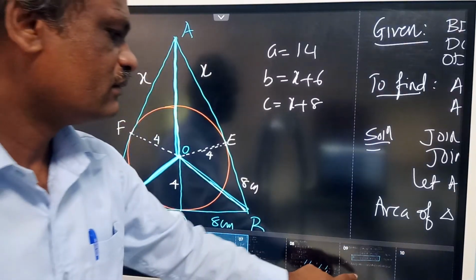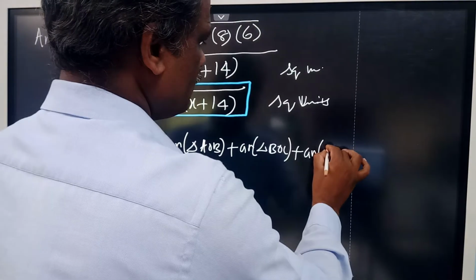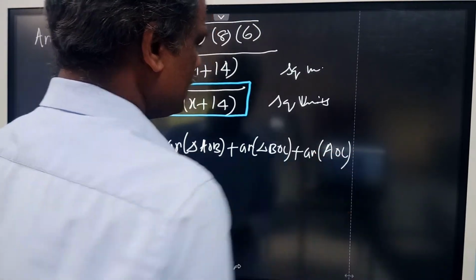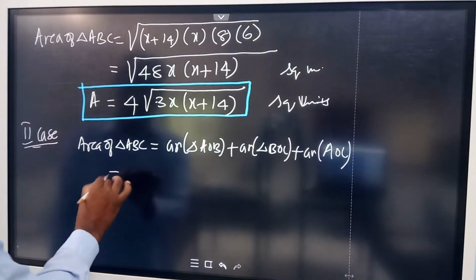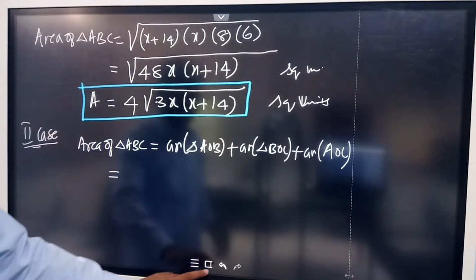It is AOC. So you know that the formula to find out the area of triangle is half into base into height.